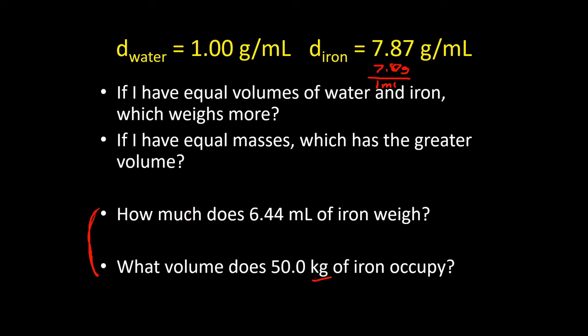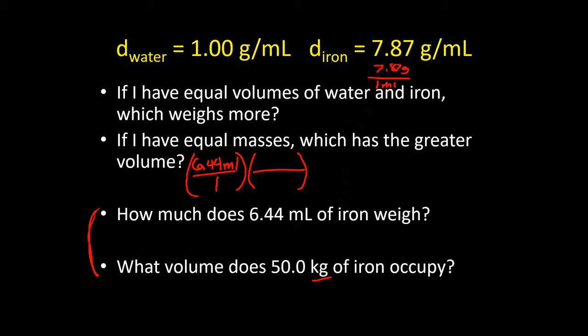All right, so for this first one here, we have 6.44 mils of iron, and we want to know the mass. We want to know how much it weighs. So there's kind of two different ways of doing this that are really the same, but they feel different, even though they are actually the same. So we could use the density as a conversion factor. This is the way that I prefer to do it. And we could have 6.44 mils. It's the amount that we're trying to change from volume to mass. And we could just use the density as a conversion factor.